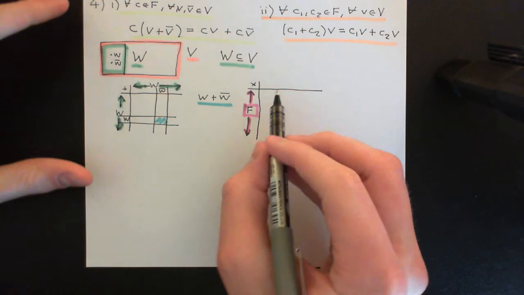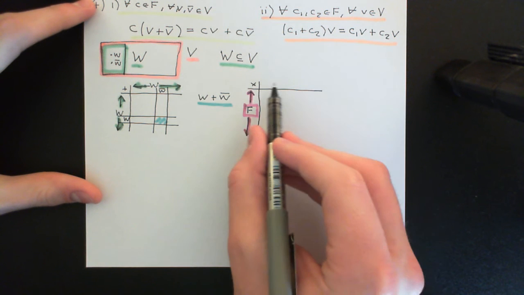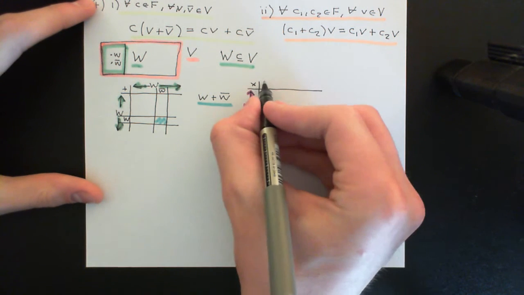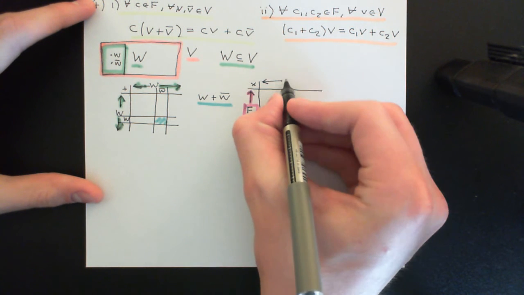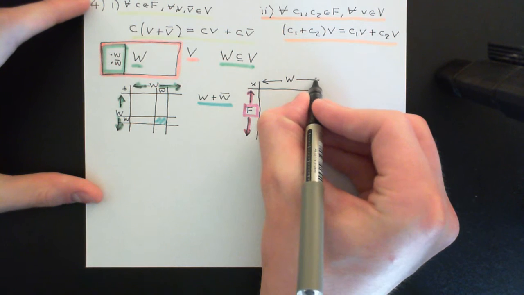But now we're not going to have all of the vectors of the vector space capital V up here, we're just going to have the vectors that are in this subset capital W up here.